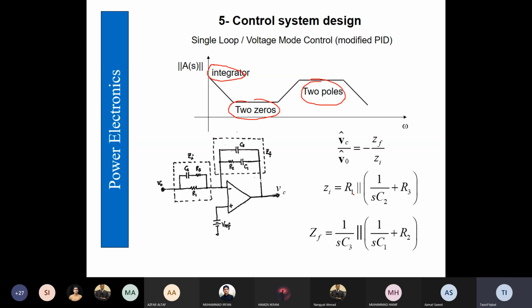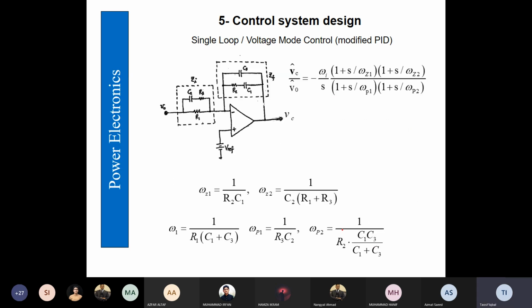We have input impedance like this, feedback impedance like this, and therefore the control output and output voltage transfer function would be like this. We have the integrator along with its frequency, its gain. Then we have 2 zeros and 2 poles.